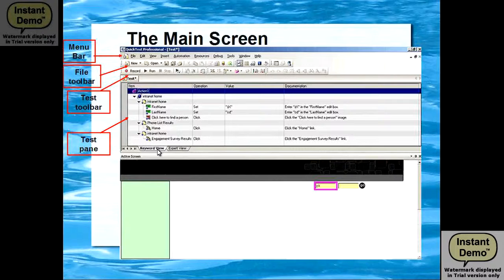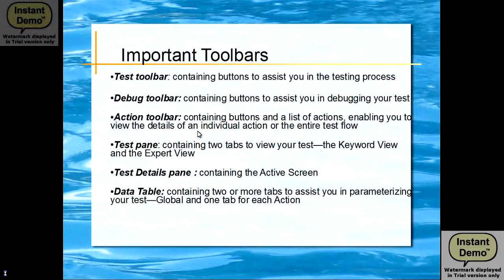By default, QTP will open up the keyword view, and then this area is the active screen, which will show the screen on which we have done the testing, and these are the objects on which we are doing testing. So this is how your main screen will look. When you talk about the toolbars, these are the important toolbars. A few of the toolbars are not enabled there.